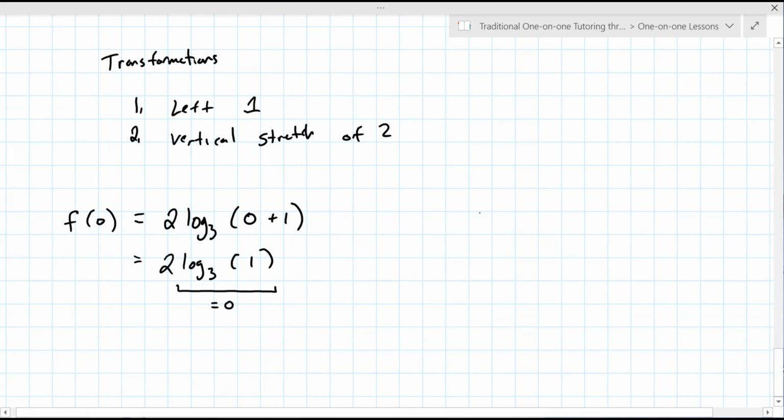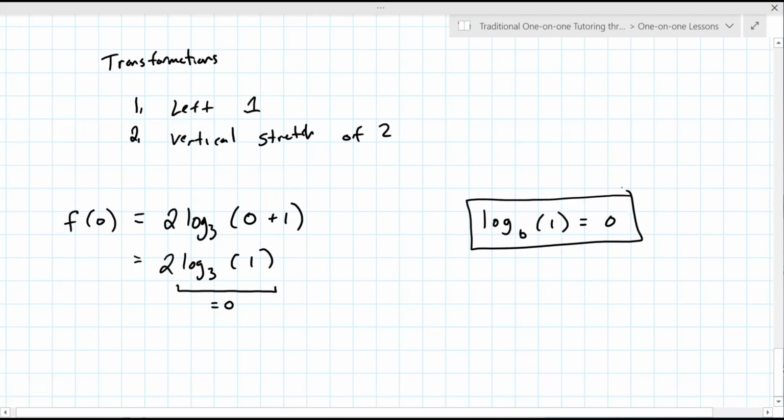So the property is log base b of 1 is always 0. This is something you have to remember, just like you know how to multiply or divide. So this is 2 times 0, which is 0.